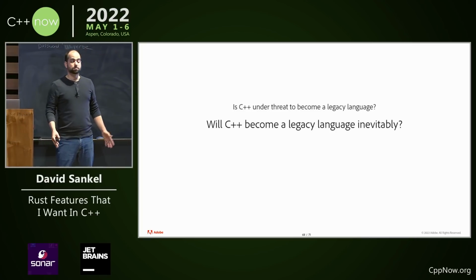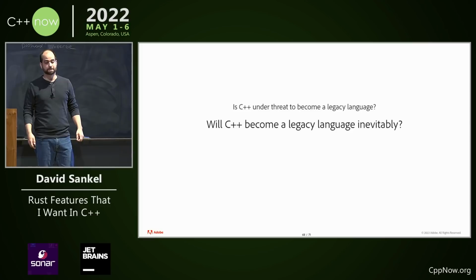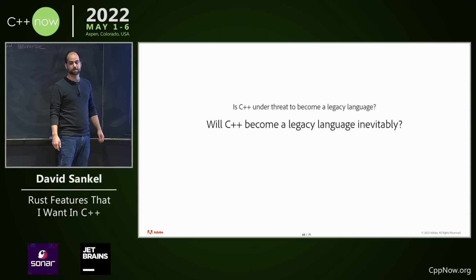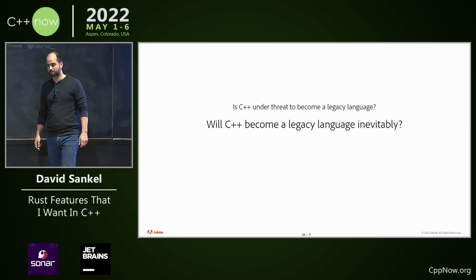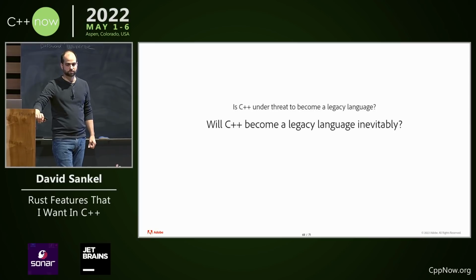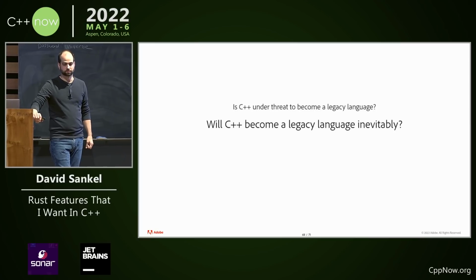There's a comment. You have to decide what you mean when you say C++. Down the road, C++ as it is written today, I do believe will be a legacy language.